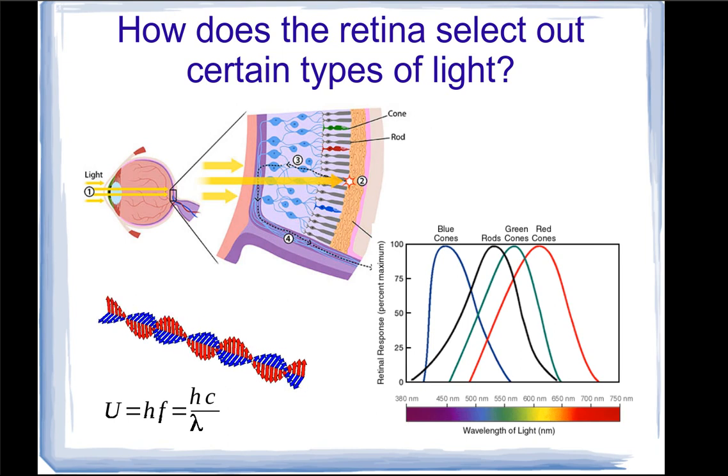That small energy packet doesn't trigger the chemical reaction in our rods and cones in our retina. And that's why we don't see infrared light, even though there's lots of total energy in infrared light surrounding us. The individual packets are too small to trigger our retinas.